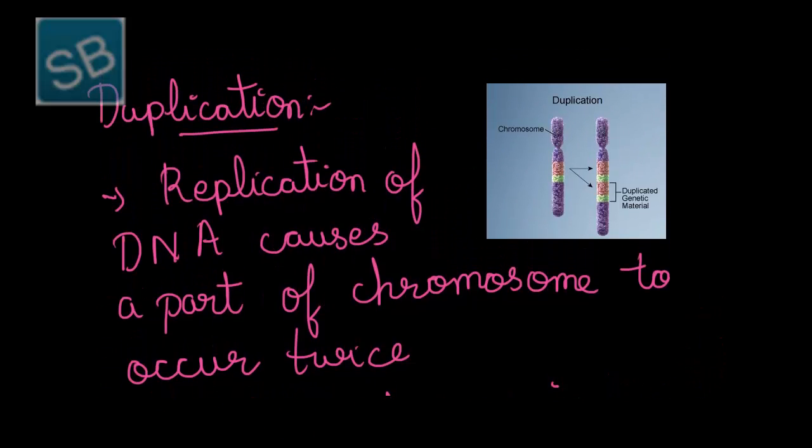So, as it can be seen from the figure, in this duplication, the chromosome that contains a gene segment gets replicated or becomes twice and duplicated to create a duplicate genetic material and results into the formation of a chromosome that is entirely different from the normal one.